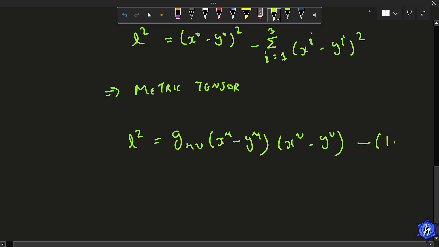This is equation 1.30. Now you might ask a question: here we did not include the summation sign, why? This is because we use something called the Einstein summation convention.